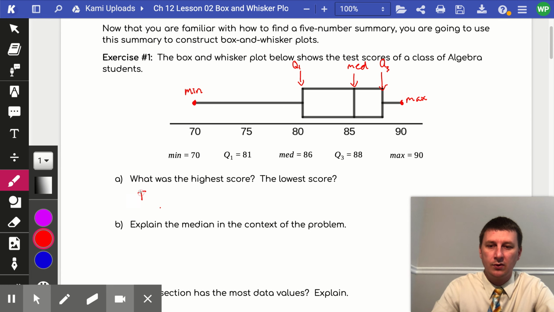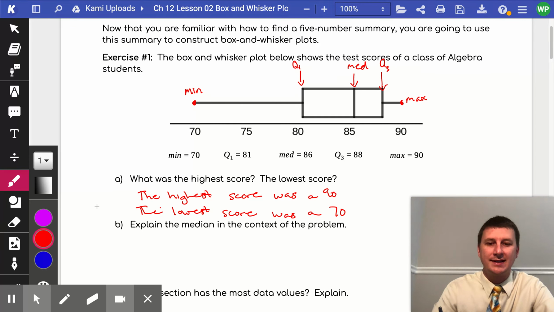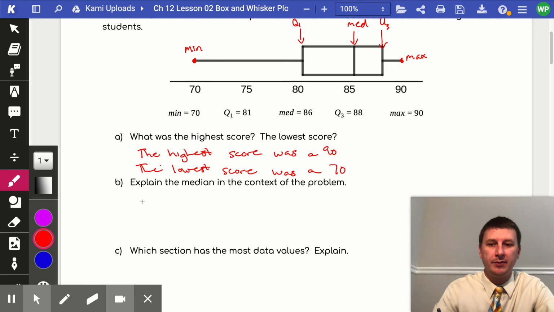So the highest score was a 90. And we know that the lowest score was a 70.